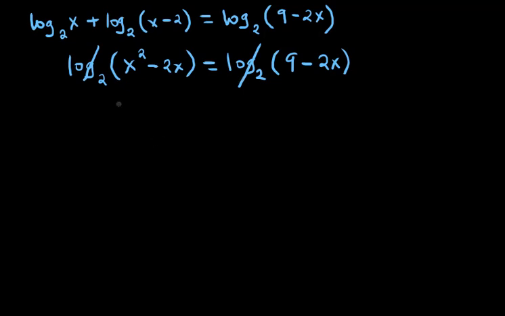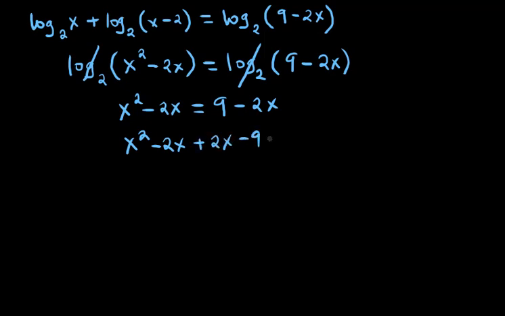So that will give us x squared minus 2x is equal to 9 minus 2x, like that. And then this gives us x squared minus 2x plus 2x minus 9 equal to 0. So these two will go because of subtract.